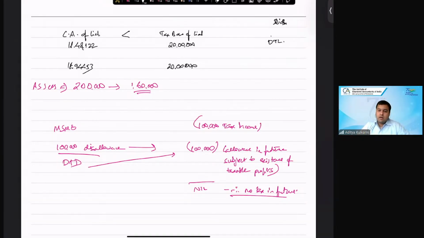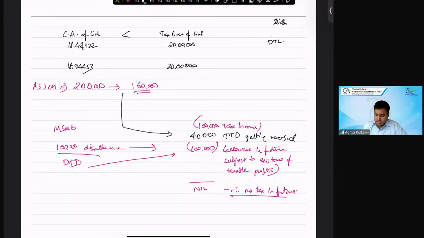Geeta, Anushi, do you follow? That means in the future, I have a deductible difference of 1 lakh getting reversed, and I have 40,000 rupees of taxable temporary difference getting reversed. 2 lakh is falling to 1,60,000, that means reversal of 40,000 is happening.